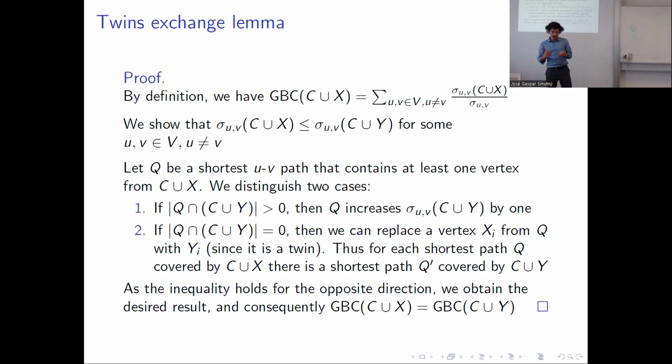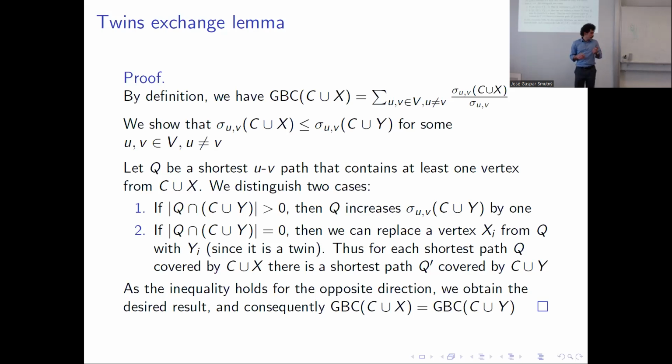We have two possibilities. Either this shortest path contains a vertex from C union Y, then trivially it's also accounted for in the paths covered by C union Y. That's pretty clear. Otherwise, there's no vertex from C union Y in this shortest path Q.